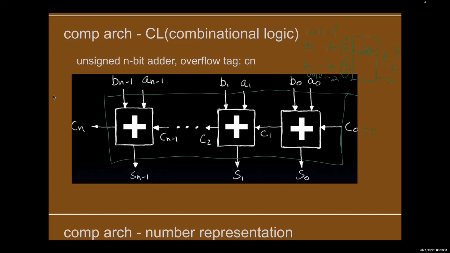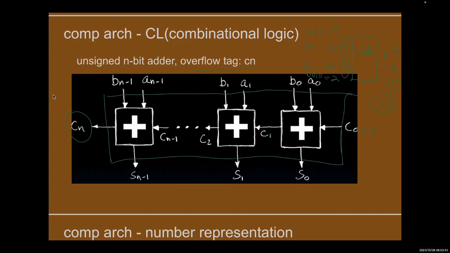This is 2, and the output should be 11, right? A, plus 3, right? And the Cn is 0.